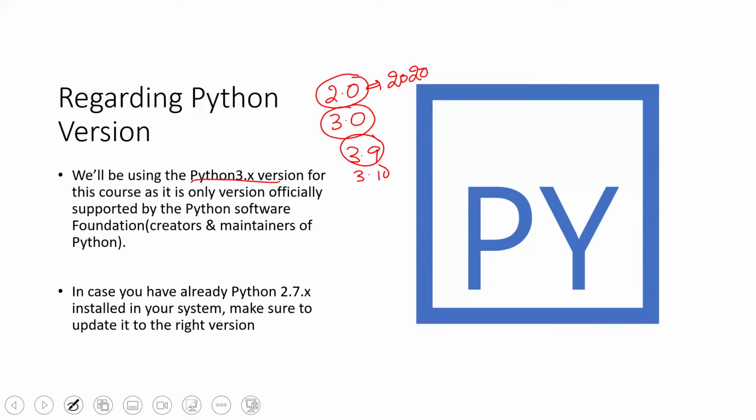Why are we using Python 3? Because Python 2 got stopped. The code complexity is very high and difficult in Python 2.0 as compared to Python 3. The major reason to develop Python 3.0 is to increase the robustness of the coding, decrease the code complexity, and increase the performance.